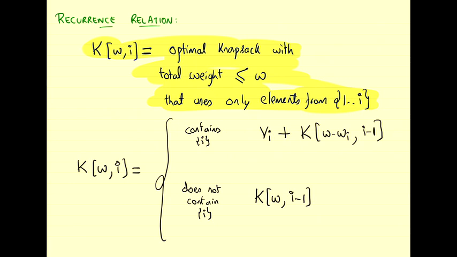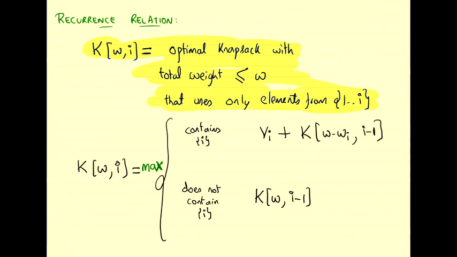It either contains i or does not contain i. In either case, the solution is given by these two possibilities. And so the actual answer is the maximum of these two possibilities. Any questions so far?